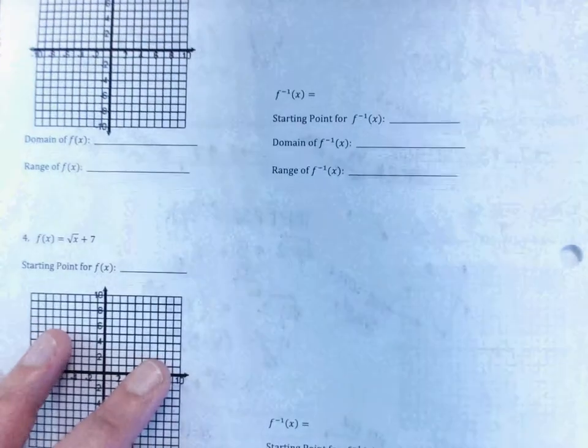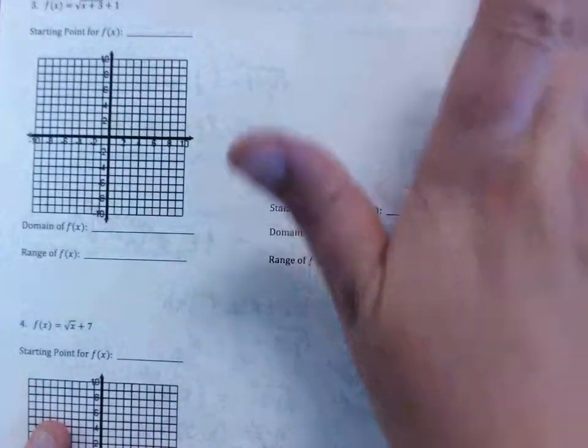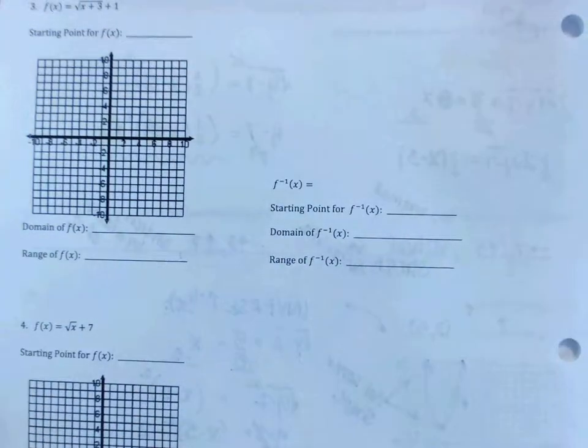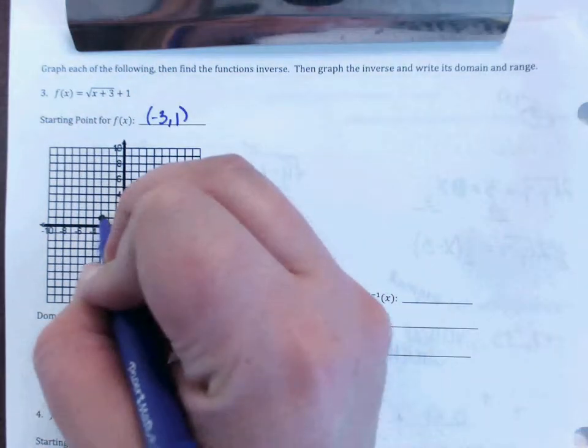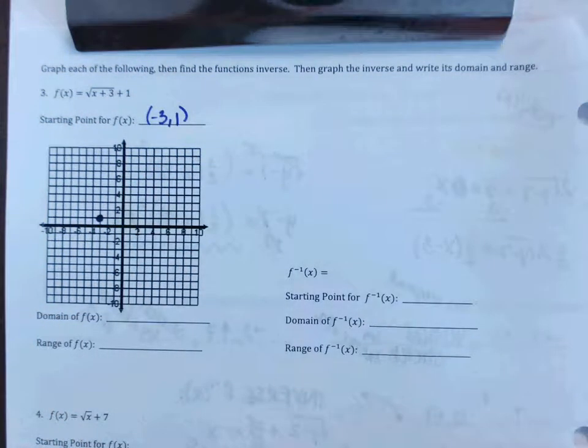So let's take a look at our first example. This is called a restricted domain. First one, where am I going to do my start point for number 3? Negative 3, up 1. Negative 3, 1 is here. Do I have a positive square root or a negative square root? Positive.